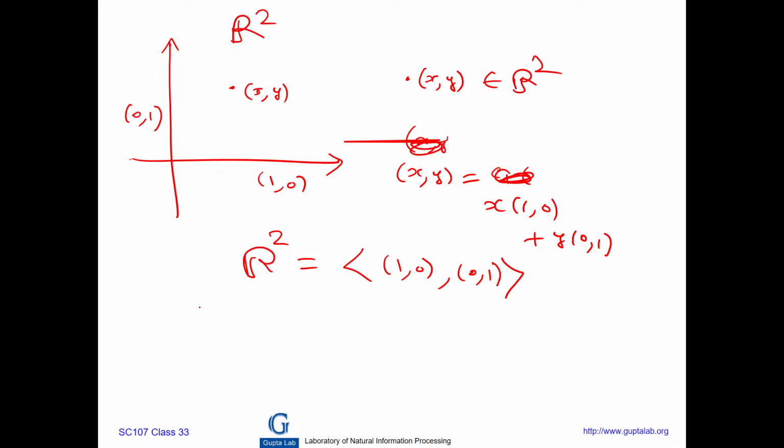That means we say that R square is spanned by these two vectors (1, 0) and (0, 1). So we call this set B a basis. What does that mean?